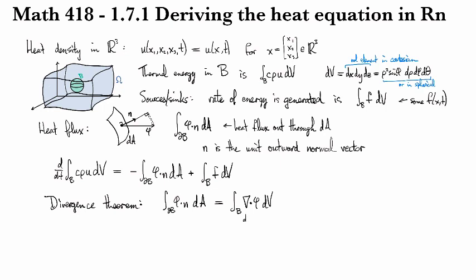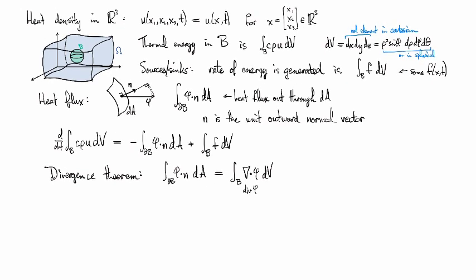So this is the same thing as divergence of phi, which is what the book writes. And so if we make that substitution, then we can group everything under an integral over B. So bringing everything together, we have the integral over B of the time derivative of c rho u, and then we pull over the divergence of phi and subtract the sources and sinks, and that's supposed to be equal to 0.